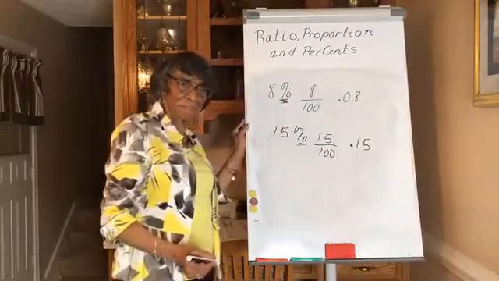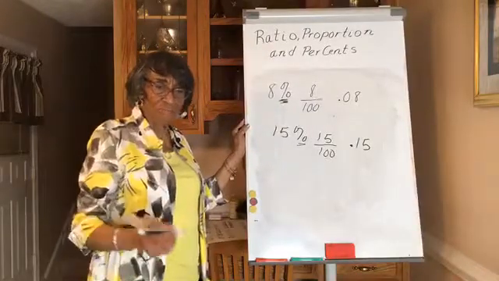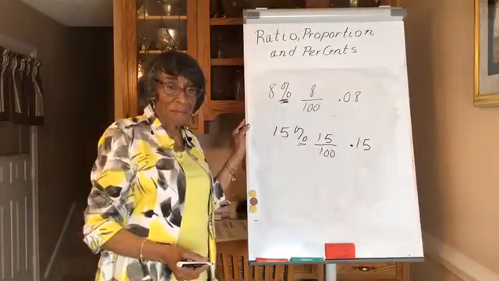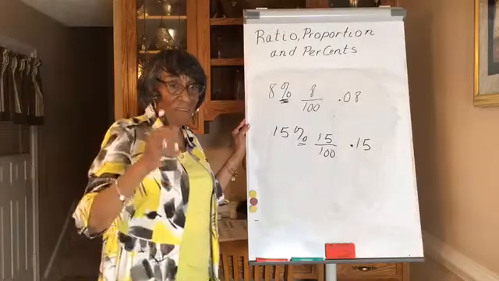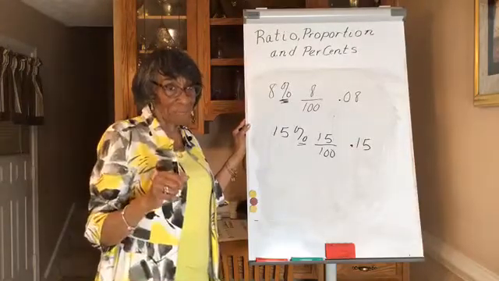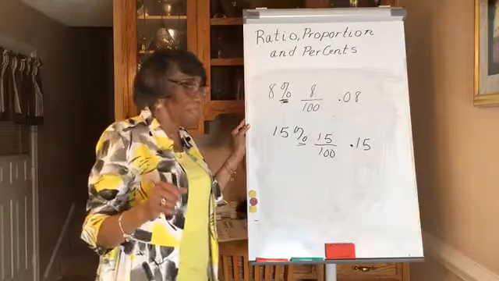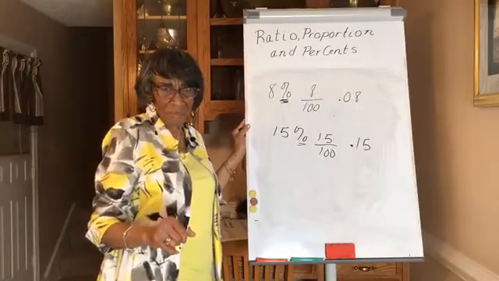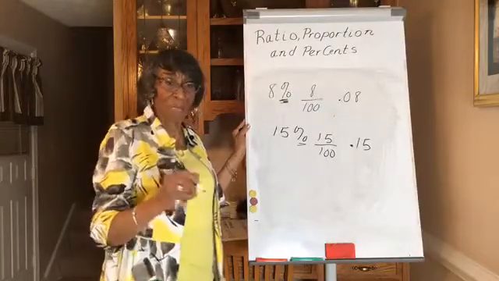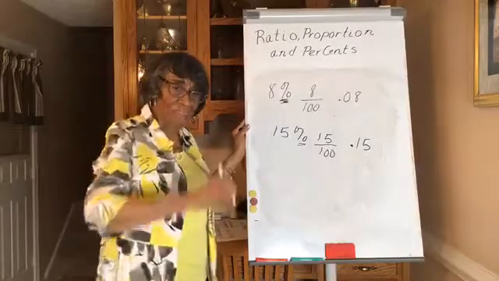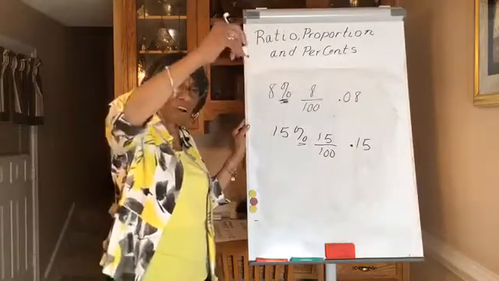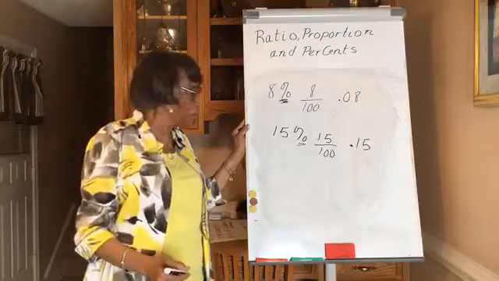Isn't that easy? I told you math is not hard. Once we've had something, we can't forget it. Now that's one mistake we make. Oh, we say, I had that the first of the semester. But that's going to come up again because math is repetitious. It builds on what you've already learned.